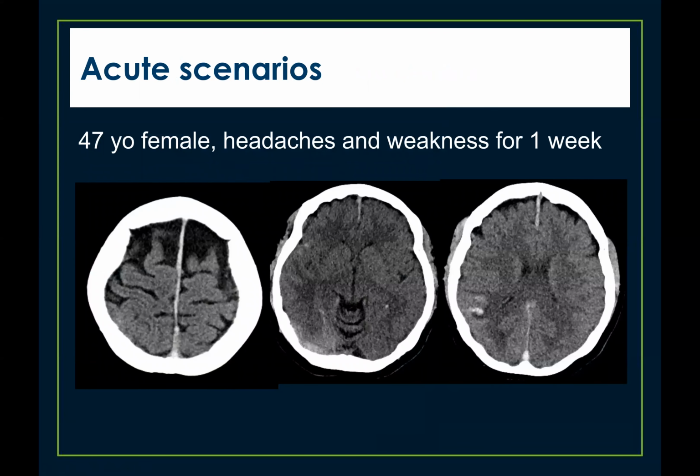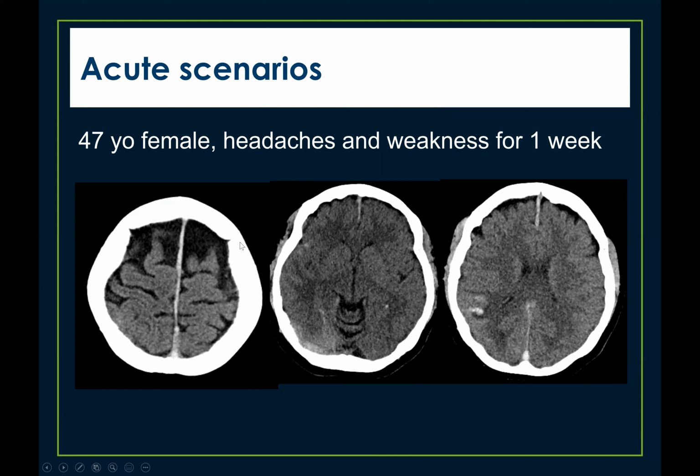47-year-old female with headaches and weakness for 1 week, thickening and hyperdensity along the falx. My first impression was acute subdural hemorrhage, a little bit of subarachnoid hemorrhage, some foci of intraparenchymal hemorrhage, but without any configuration suggestive of hemorrhagic contusion, and actually no history of trauma.